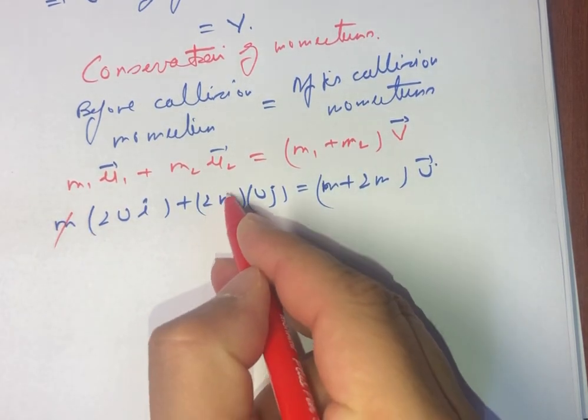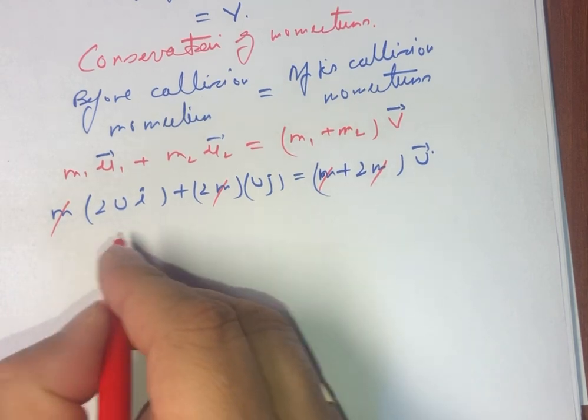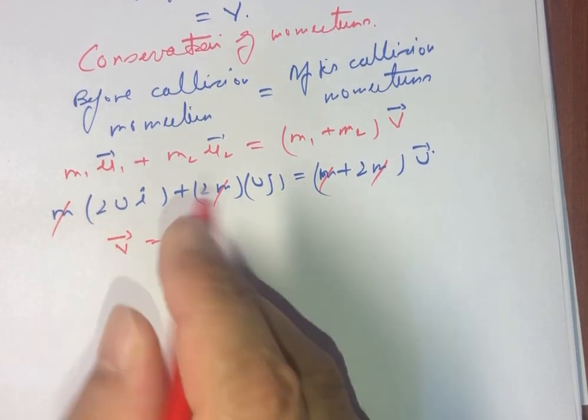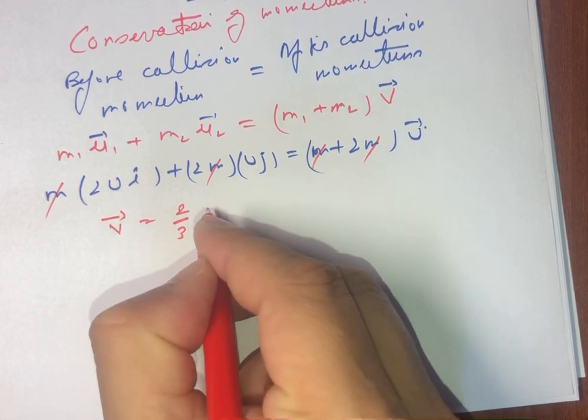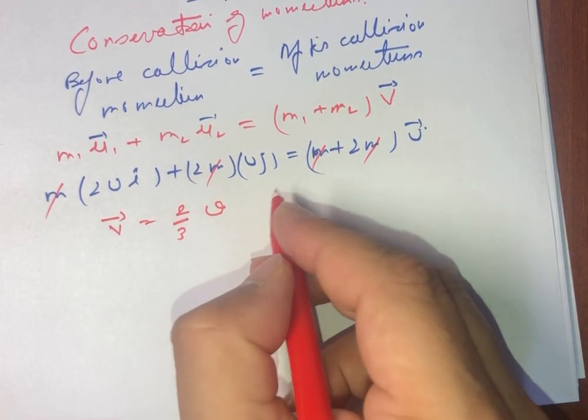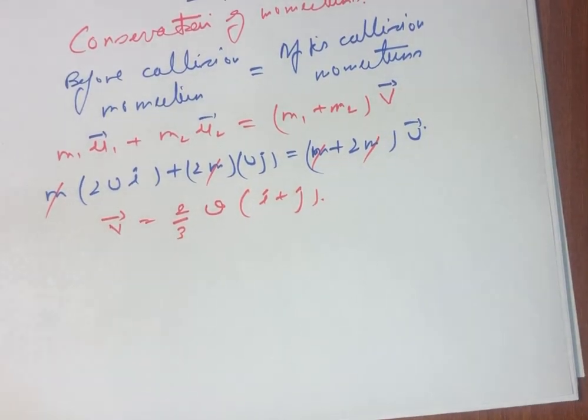So here m cancels throughout, so we get V vector will be equal to 2 by 3 times v, and i unit vector plus j unit vector.